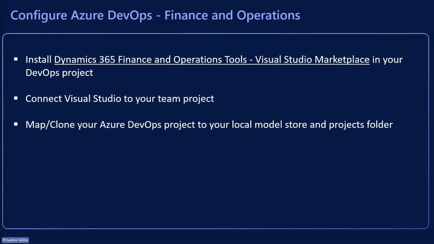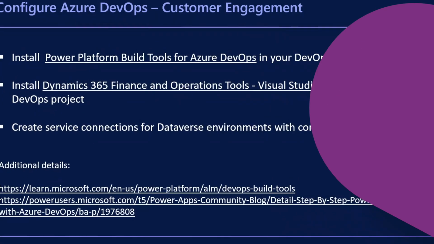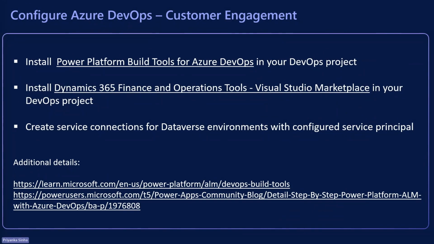And then you have to connect your Visual Studio with your team project and then map or clone your Azure DevOps project to your local model store and project folder. With this, you will have your Visual Studio set up and connected with the Azure DevOps project. And here we have listed the steps which are required for customer engagement. Please go through those links which we have provided at the bottom.